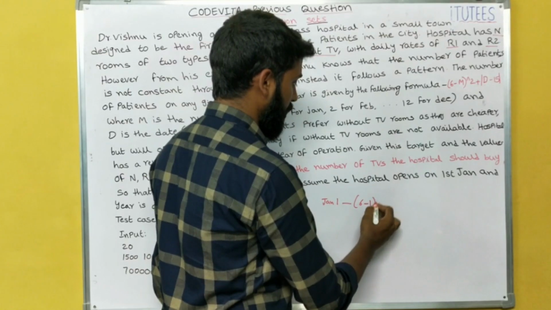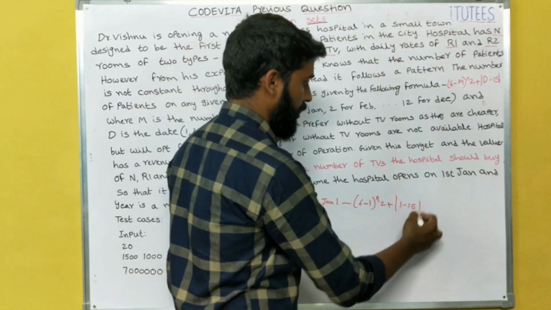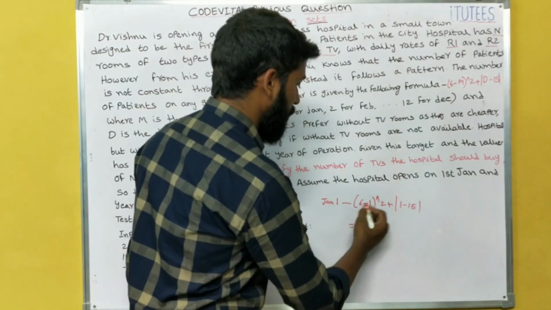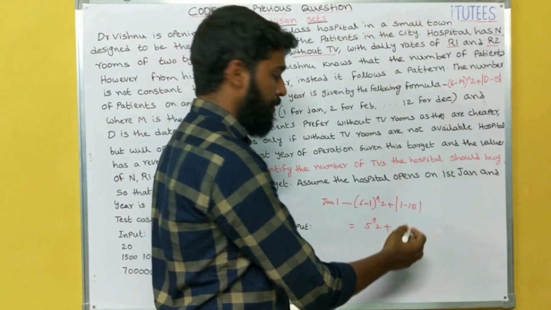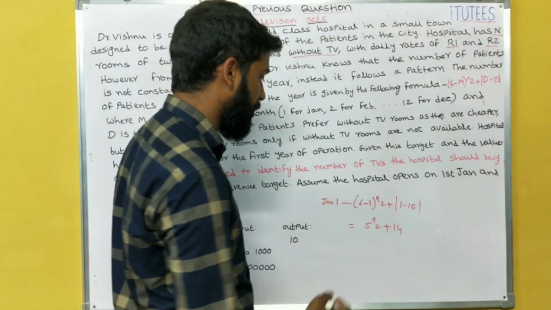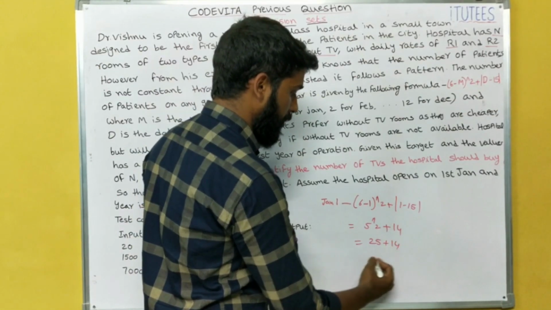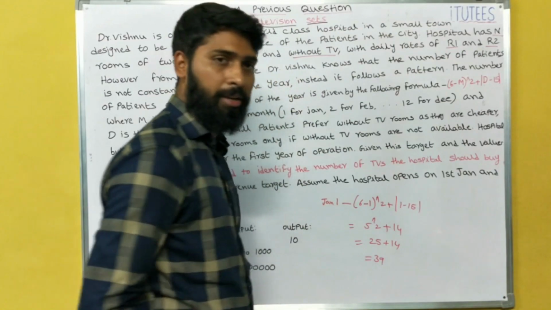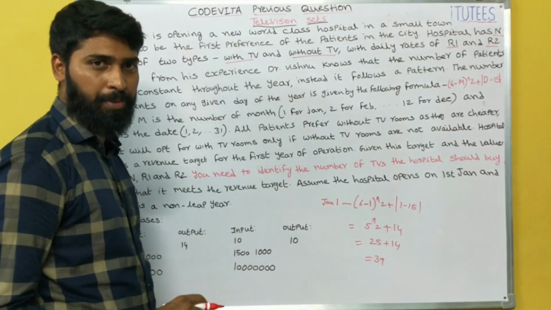The month is 1 and the date is 1. So 6 minus 1 means 5 squared, plus 1 minus 15 means minus 14. Mod means we take only the positive value. So 5 squared is 25, plus 14 equals 39. That means on January 1st, 39 patients come to the hospital.